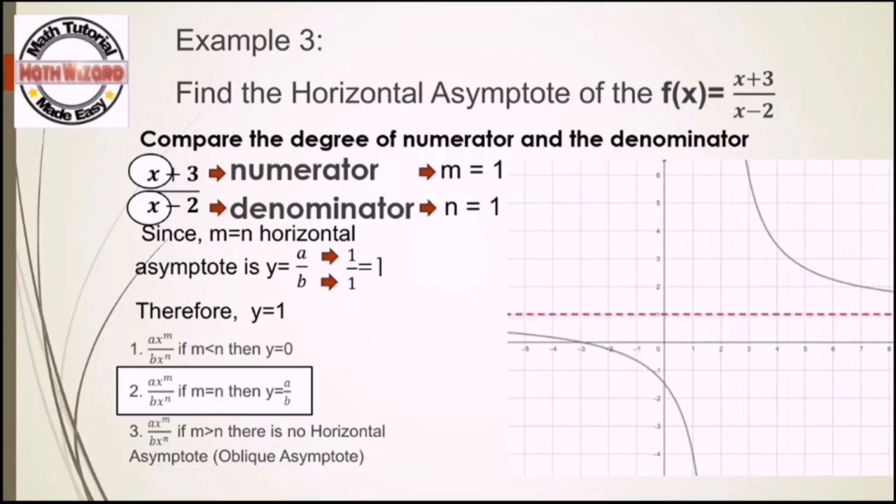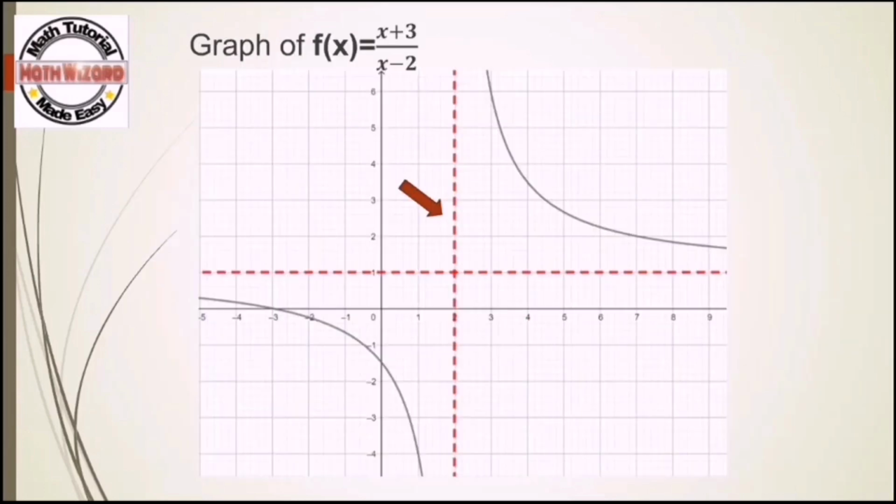And so as we can see, those broken lines are plotted on y equals 1. So this is the graph of the equation, the ratio of x plus 3 and x minus 2.